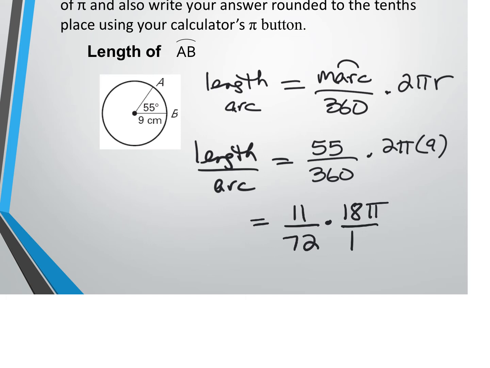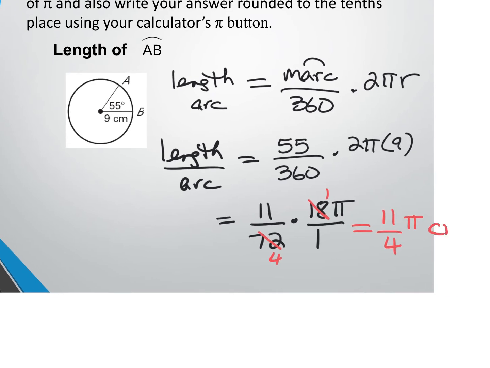And this will simplify. 18 goes into 72 4 times. And now my final answer is just 11 over 4 pi. And this was an arc length, so it's centimeters. This is how I want you to leave your answers tomorrow when it says exact. I don't want you to divide and tell me that it's 2 point something, 2.75. I want you to leave it as a simplified fraction.